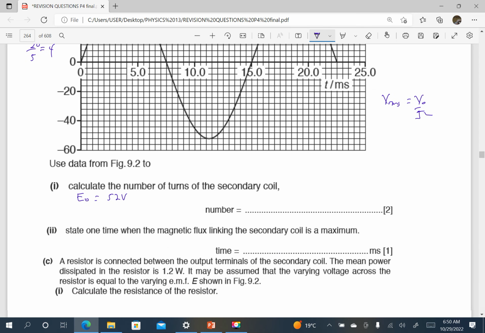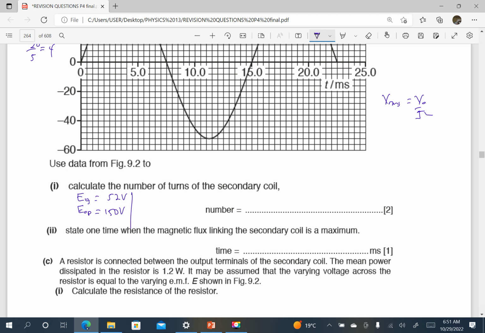So the peak value of the secondary, I'll call it E naught S for secondary, let it be 52 volts. They have given us the peak value for the primary as 150. So E naught primary is 150 volts.